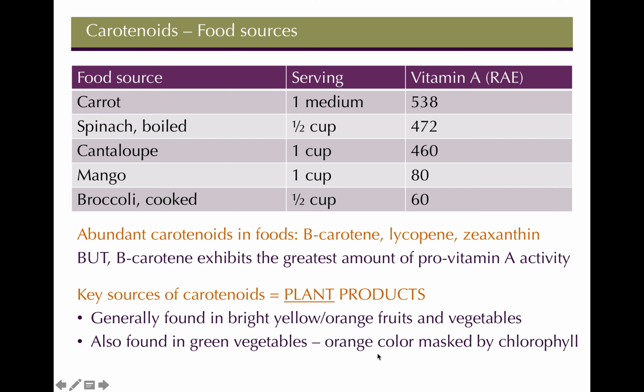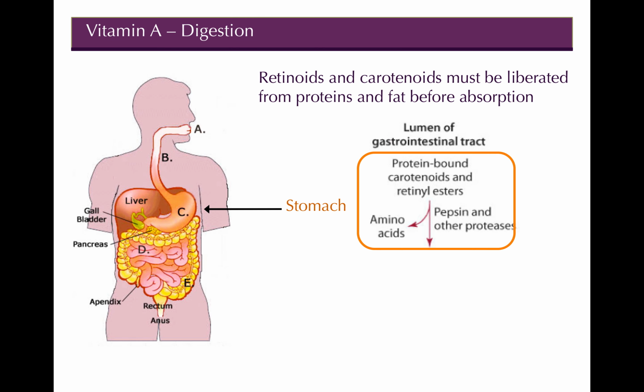However, the chlorophyll is a really strong pigment, so it masks that orange color. The orange color's there, but if you have something with a ton of green chlorophyll in it, it will just mask it. In general, from fruits and vegetables, there are no DRIs for carotenoids, so I don't have anything to give you here to do any comparisons.